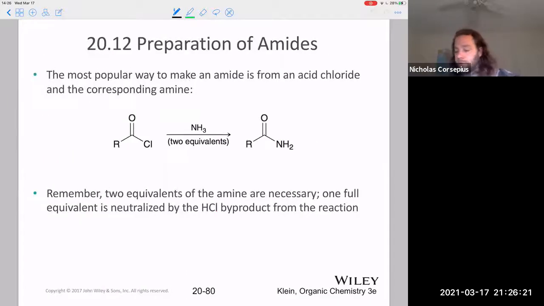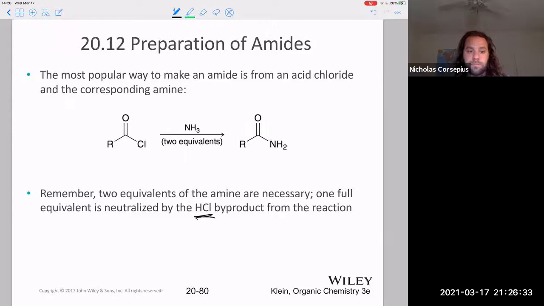Okay, so just a reminder, right? The acyl chloride, you need to just toss in an amine. Importantly, you need two equivalents because one of them will help to mop up that HCl byproduct.